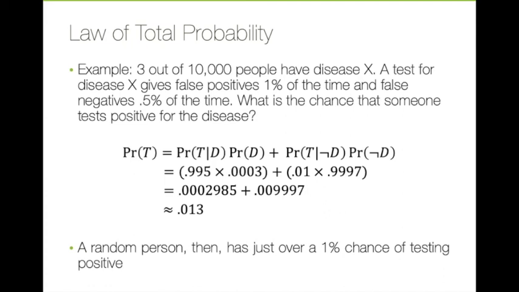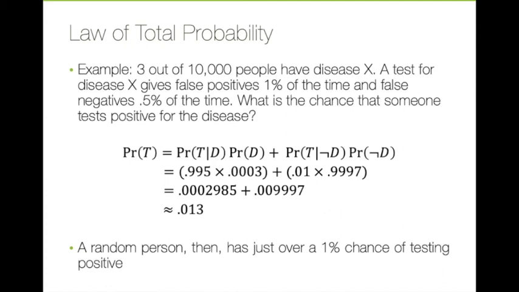So looking at that second line, 0.995 is the chance that someone tests positive given that they have the disease. We multiply that by the chance that we have the disease, 0.0003.